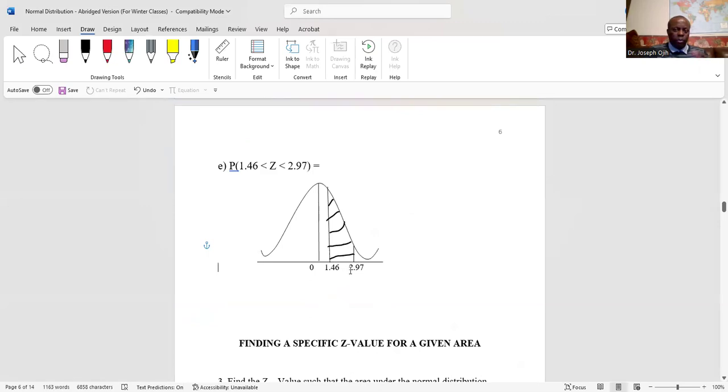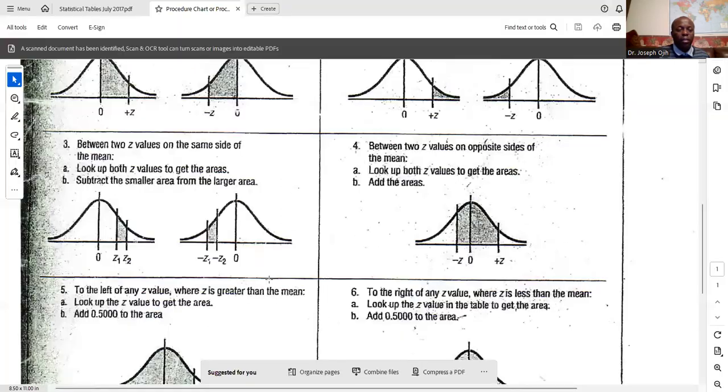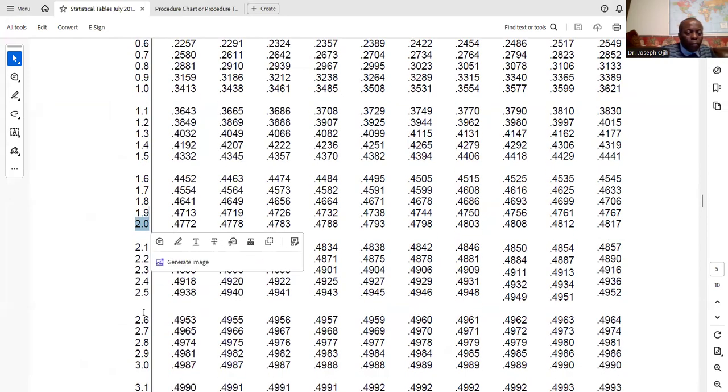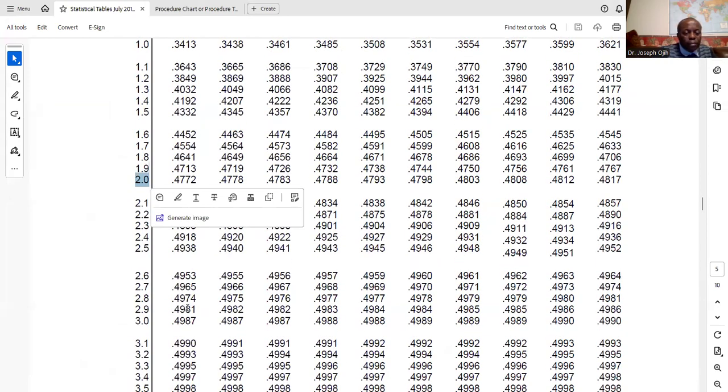Since we're subtracting the smaller area from the larger area, let's start with 2.97. Go to the table of normal distribution, start with 2.97. Okay, 2.9 under 7.